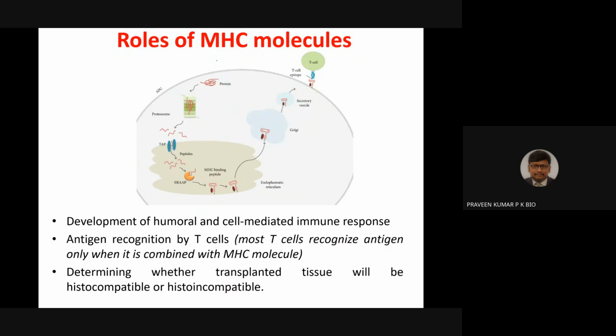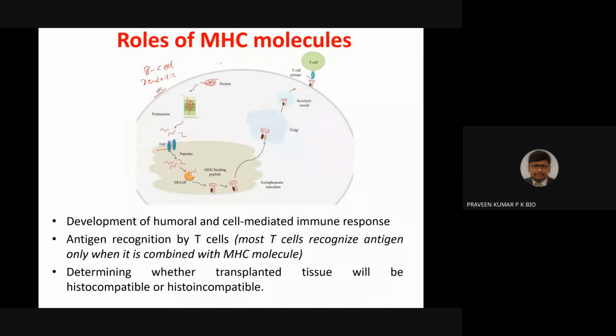If Nipah virus or SARS-CoV-2 comes inside, it is taken up by phagocytosis by antigen presenting cells like B cells, dendritic cells and macrophages, which engulf bacteria or viruses. After getting into the proteasome, it degrades into peptides.